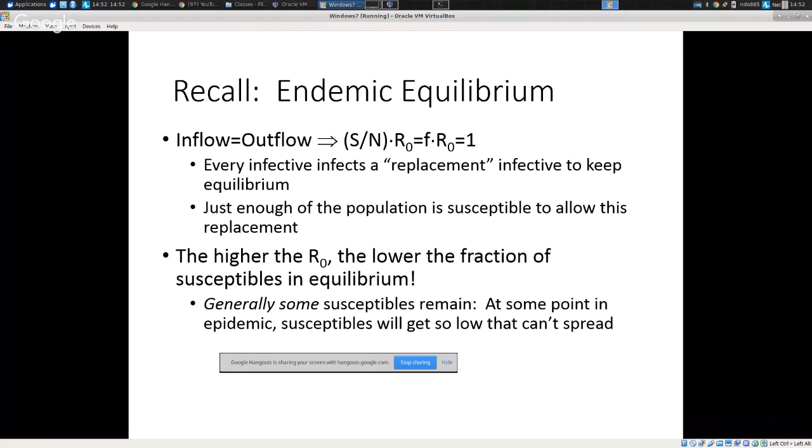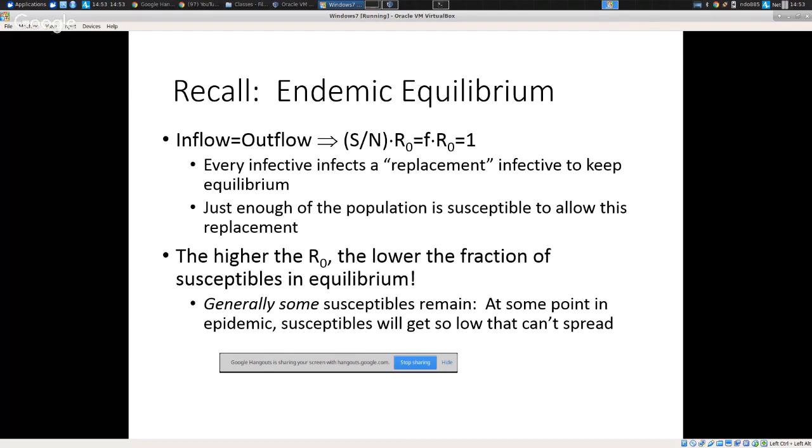If we need R star to be less than 1, if that's our goal, no matter, even if someone comes into our population, we want a fraction of susceptibles that's small enough that R star is less than 1. Then substituting this in, R star is just equal to R0 times F is less than 1.